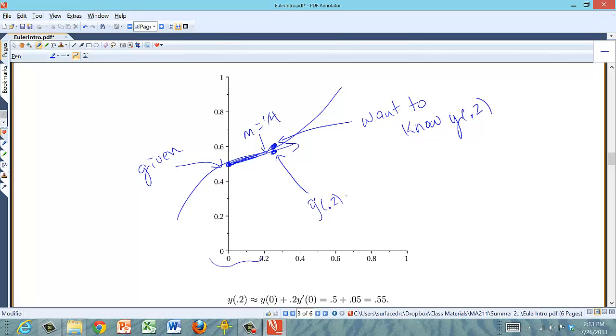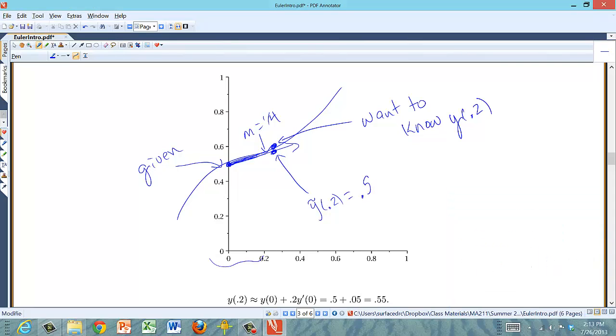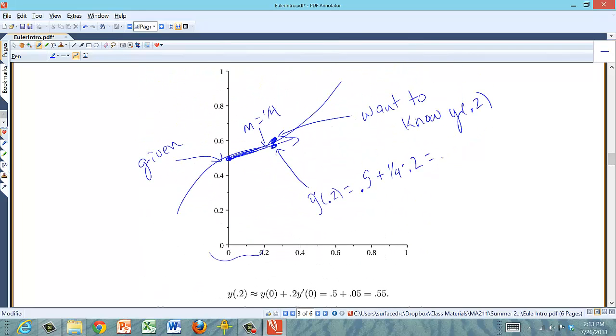Y tilde at point 2 is going to be, let's see, my solution starts at 0.5. It heads up with a slope of 1/4 for 0.2 units. So that's 1/4 times 0.2. And that is, let me see, I figured it out down here, that is 0.55.